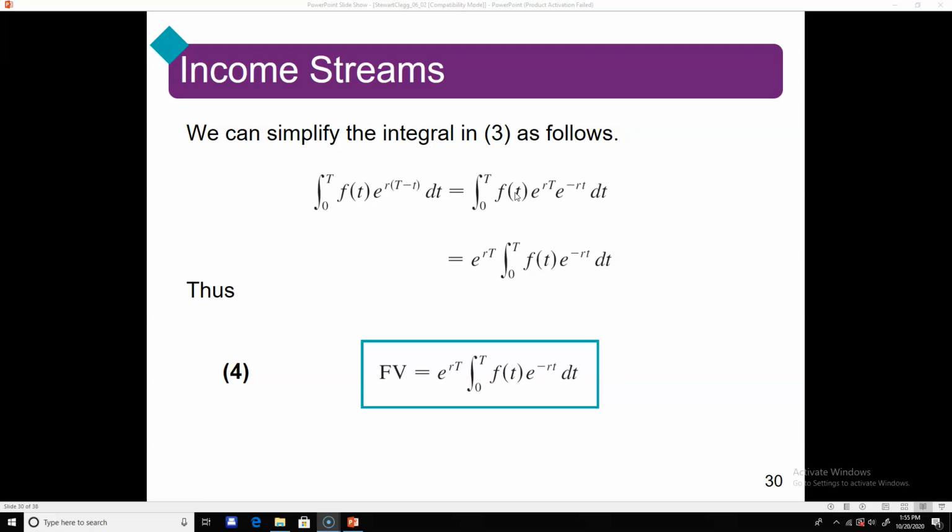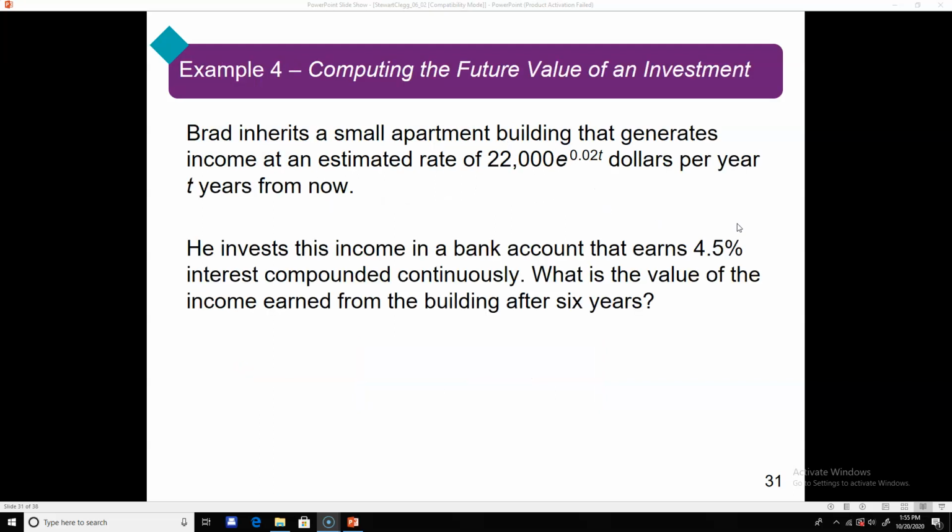And then e to the r times capital T is a constant, so they can just pull that out in front of the integral. So this is the typical future value formula that we're going to be using. Let's go ahead and look at this example, and then we'll call it a day, and we will look at some other problems in the next lecture.